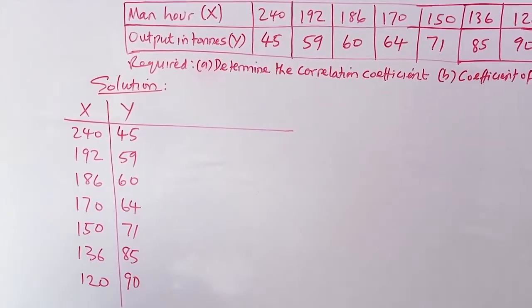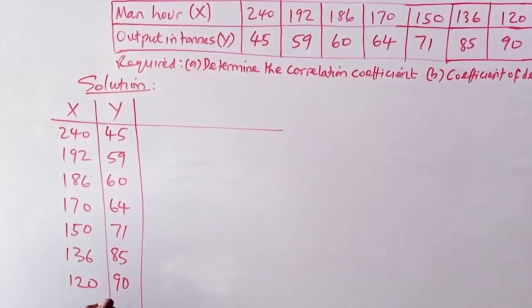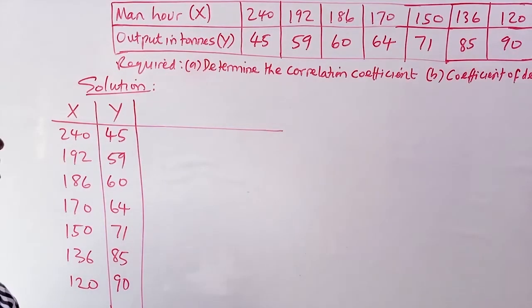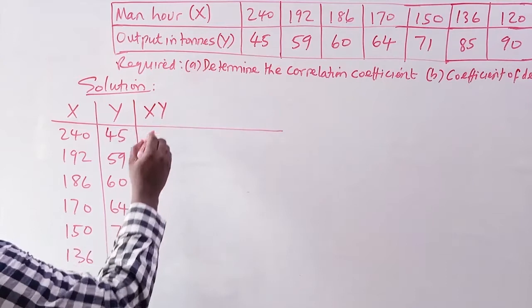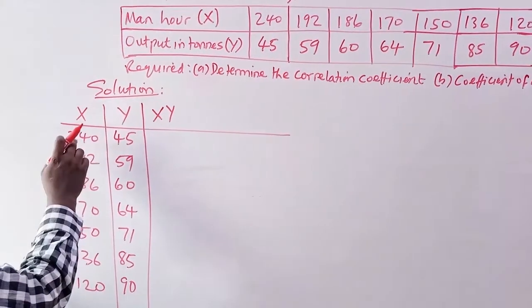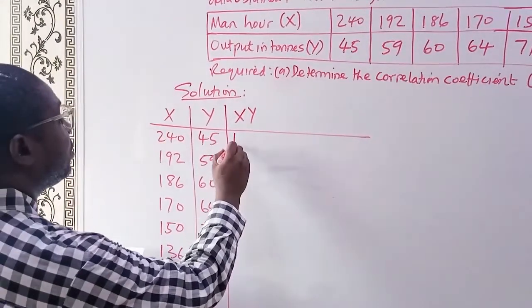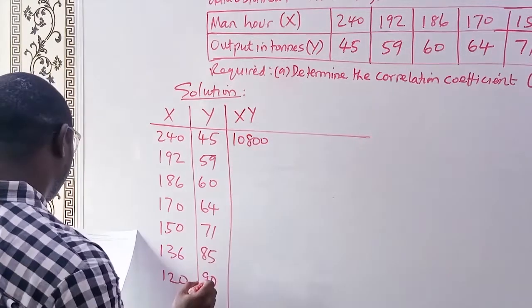Now after you've done this, the first column we need to determine after the X and Y is the product of X and Y. We need X times Y. If we multiply X and Y, the first one will give us 10,800.